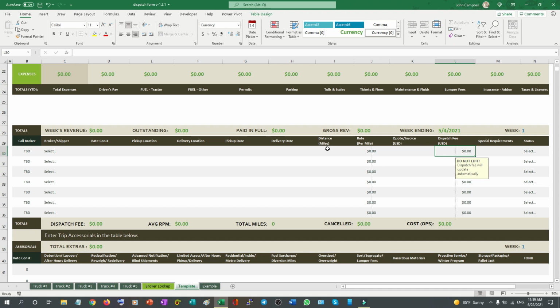So when you enter the miles of the trip that you're about to do, let's say that's 600 miles, and the invoice amount that you've quoted, let's say that's $2,000 to go 600 miles, you'll notice that the dispatch fee is automatically populated at 10% of $2,000, which is $200. That's what's there.